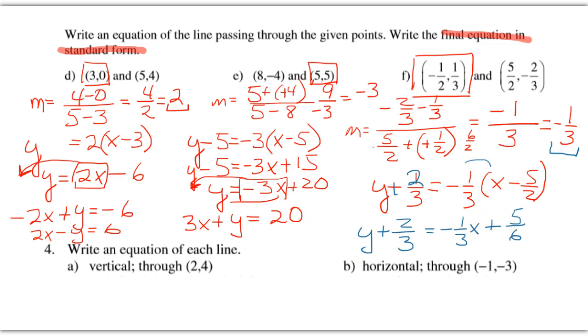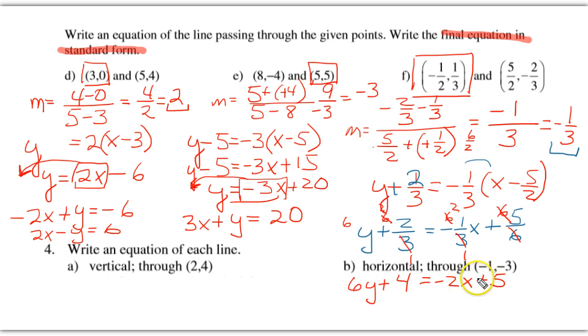We're going to multiply each term by the lowest common denominator, which is 6. So here we get, and we're running out of room, 6y plus, here this cancels out. We get a 2, so this will be a 4. This cancels out, and we get a 2 there. That's going to be a negative 2x, and this just cancels out nicely. And we get a 5.